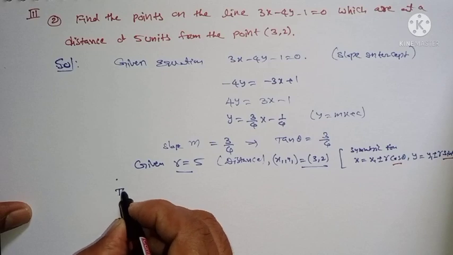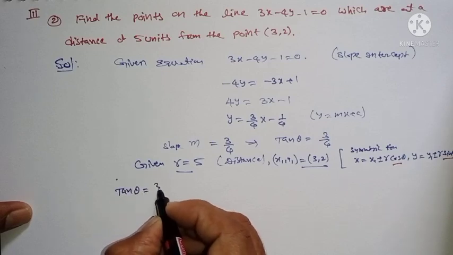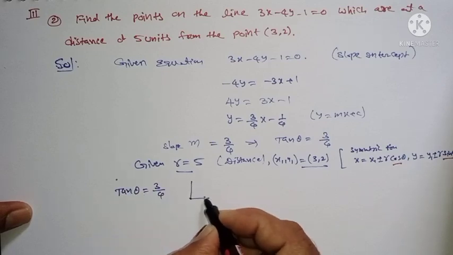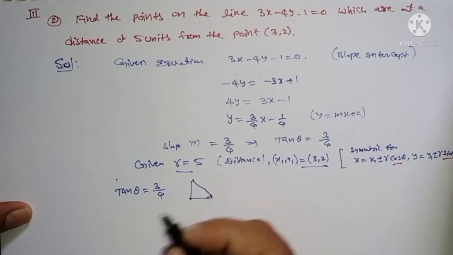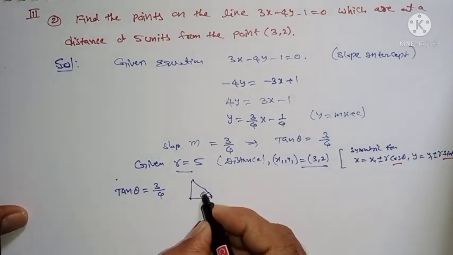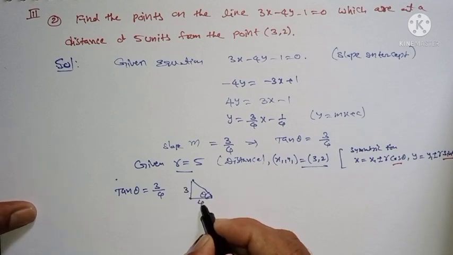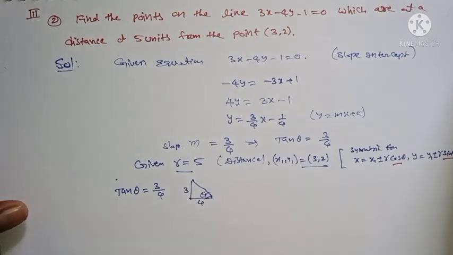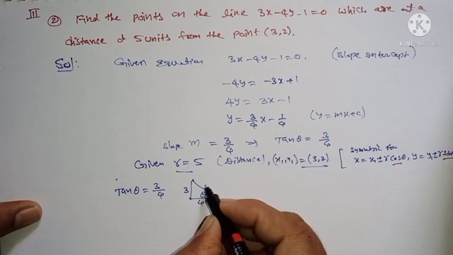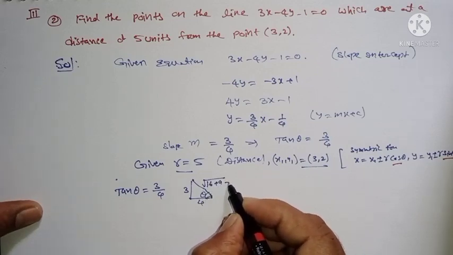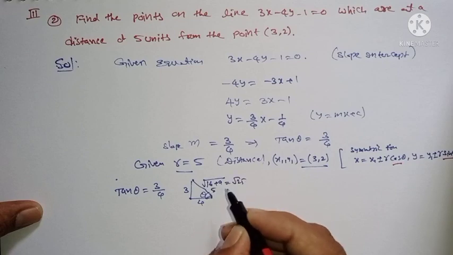Observe here. Tan theta is equal to 3 by 4. Draw a figure. How to find this theta? What is the form of this? Opposite by adjacent. And what is the hypotenuse? You can write that is under root of 16 plus 9 is equal to root 25, which is nothing but 5 only.